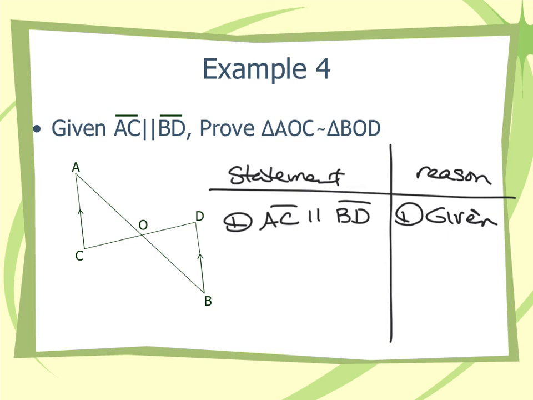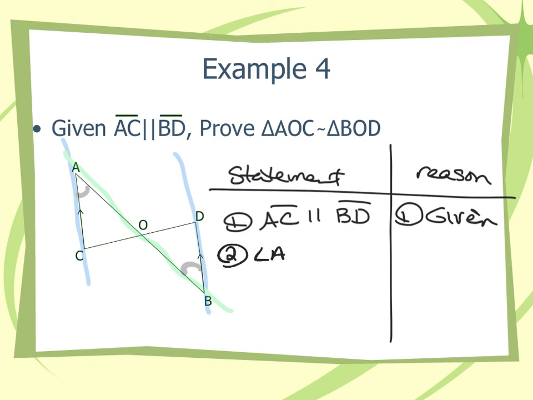Now, because I have parallel lines here, I can use AB as a transversal. And then I can state that angle A is congruent to angle B. And that reason is these are alternate interior angles.